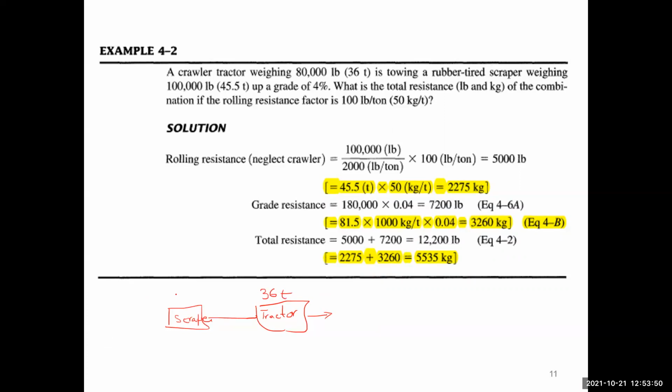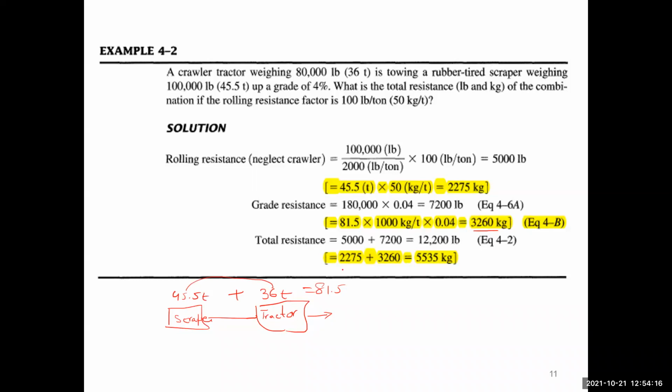Scraper weight is 45.5 ton. So the total weight of this combination will be 36 plus 45.5, which is 81.5. So 81.5 ton multiplied by 1000 kilogram per ton multiplied by 4%, which is the upward grade, so it will be 3260 kilograms.